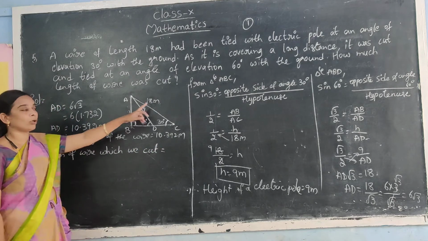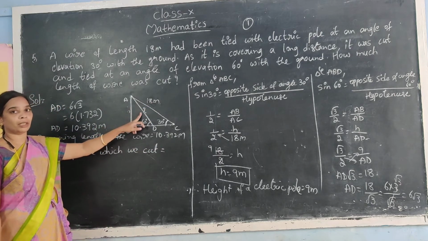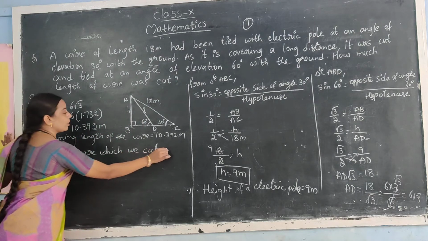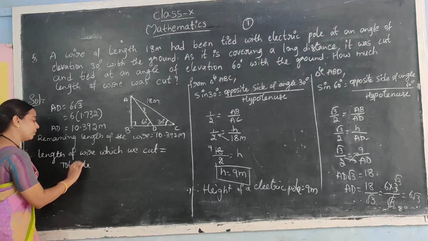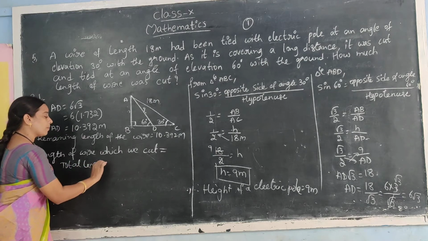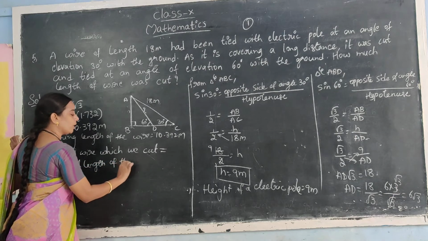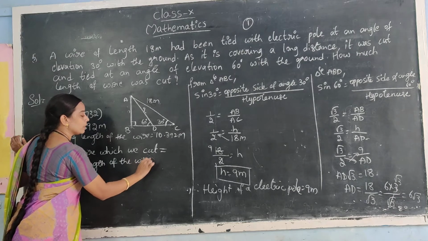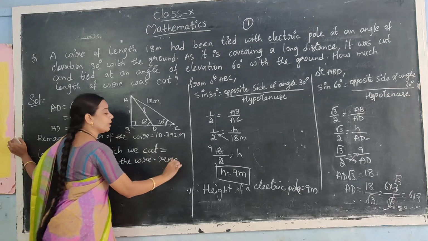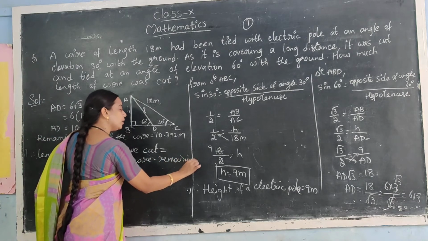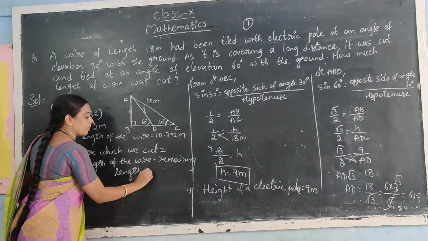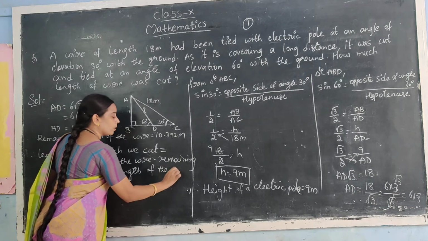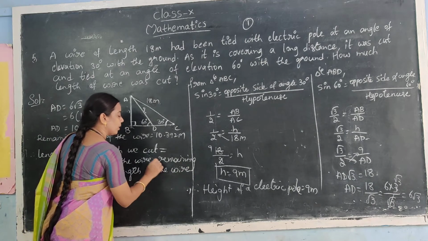By subtraction of the remaining length of the wire from the total length of the wire. So it is equal to total length of the wire minus remaining length of the wire.